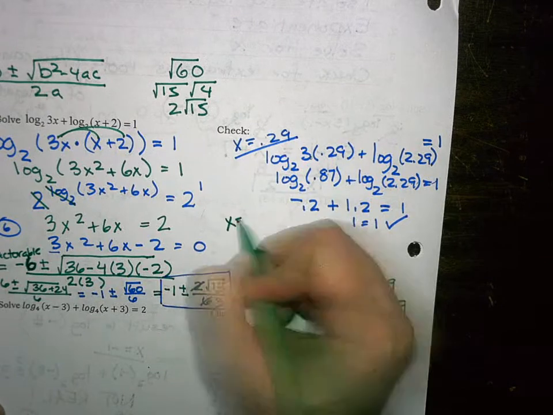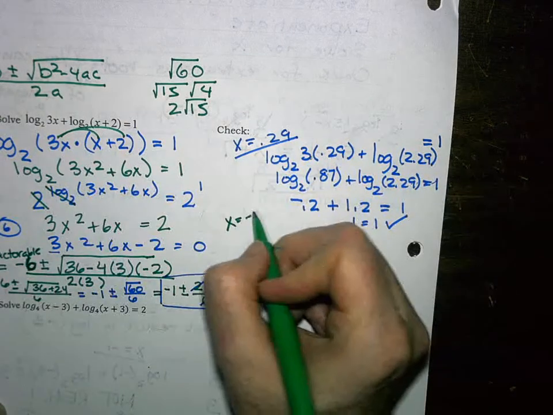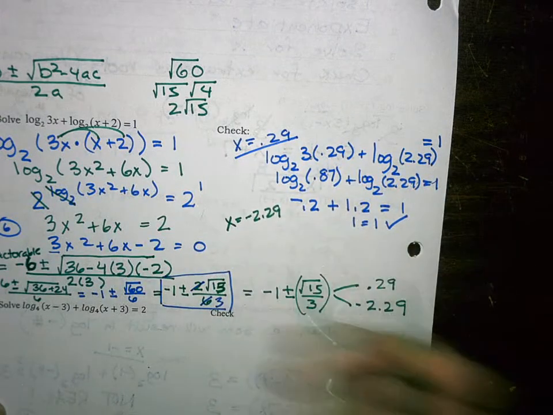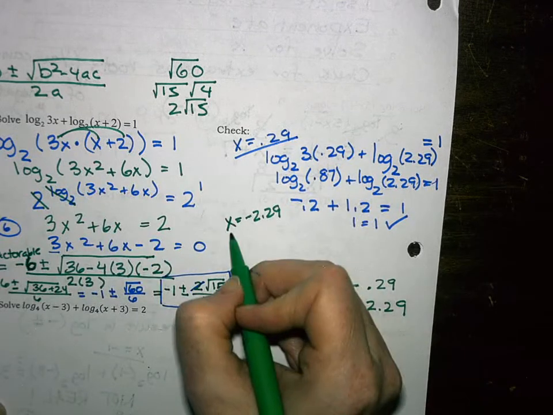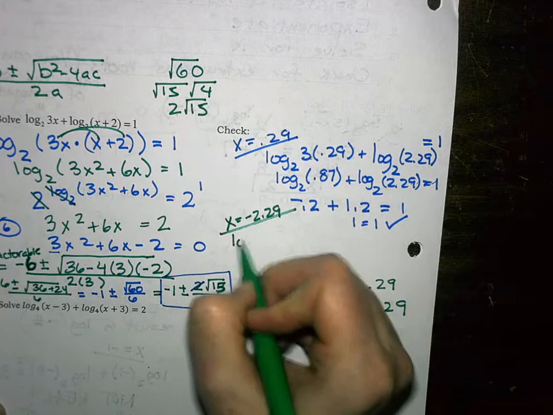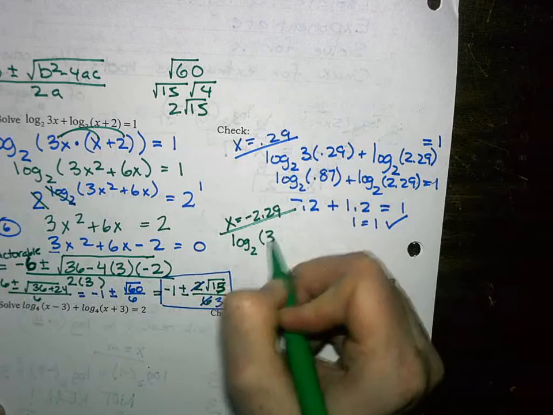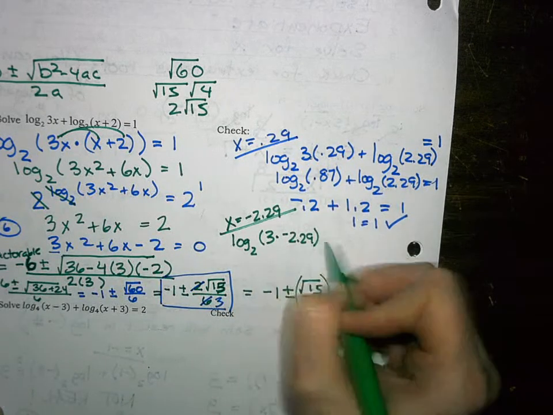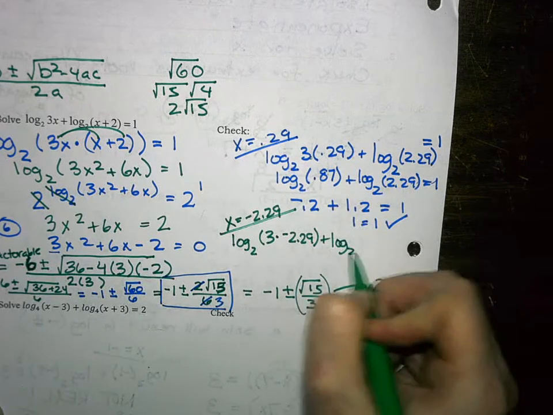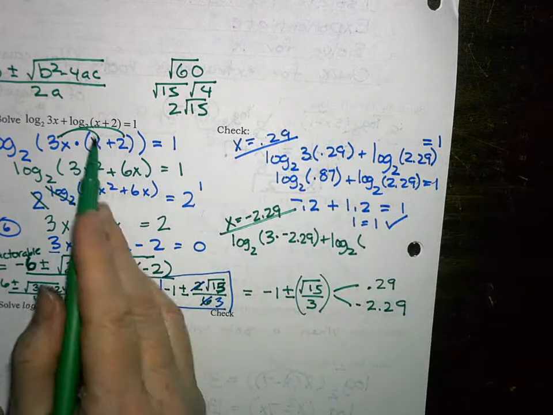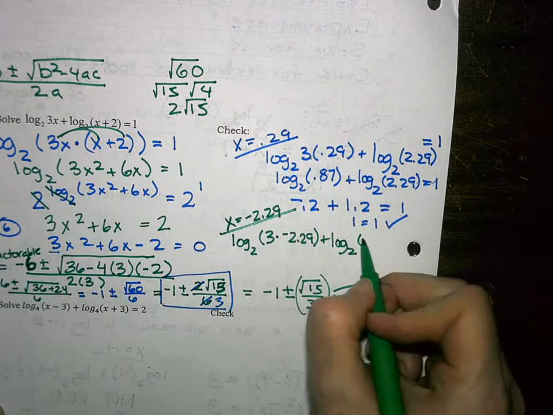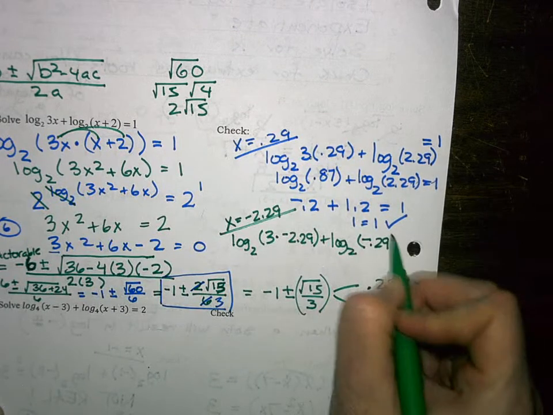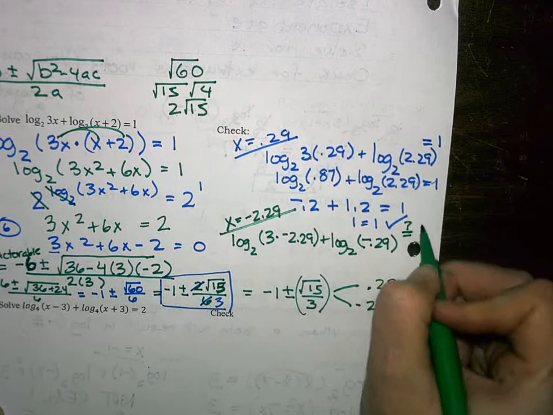Now I'm going to check the other solution, x equals negative 2.29. So back to the beginning. The log base 2 of 3 times negative 2.29 plus the log base 2 of, what's negative 2.29 plus 2? That's negative 0.29. I just did that in my head.